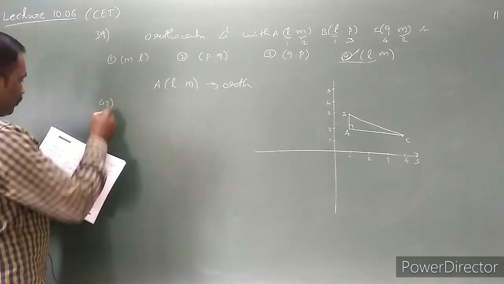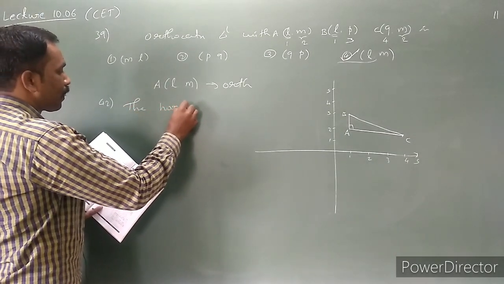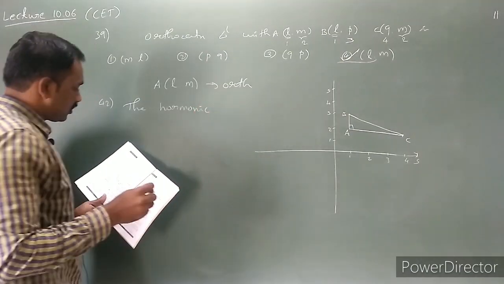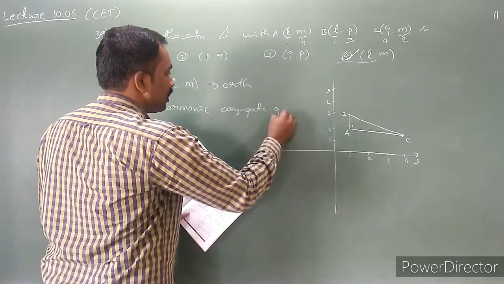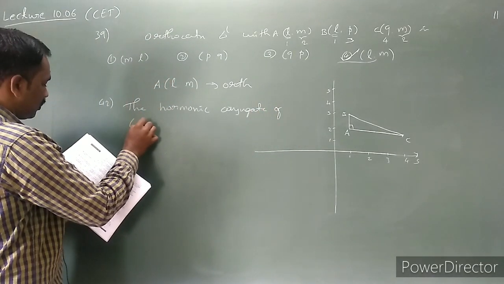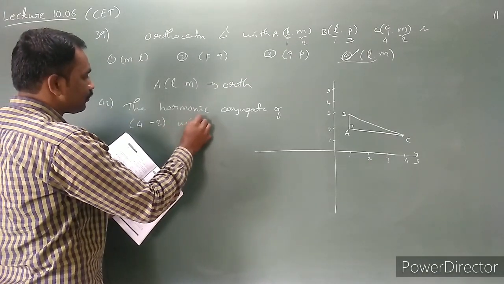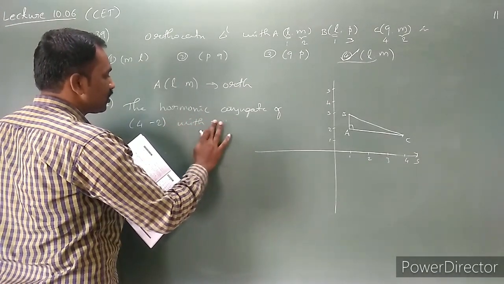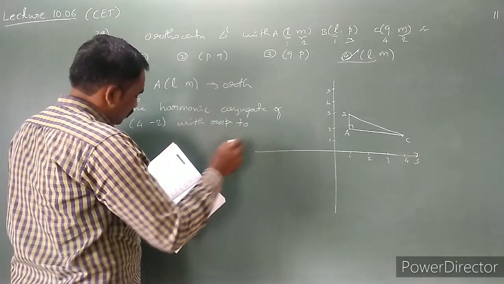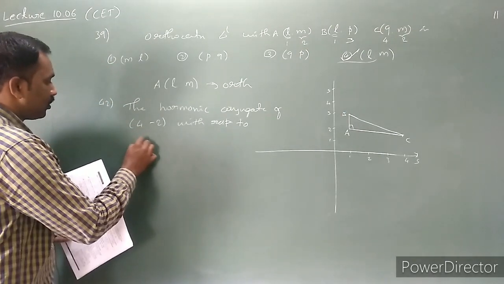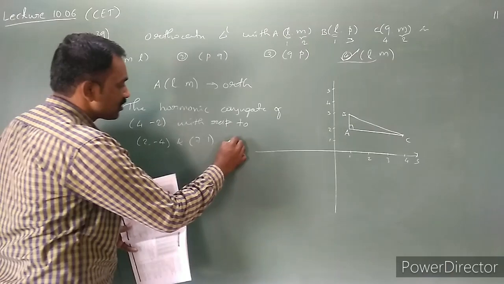47. The harmonic conjugate of 4 comma minus 2 with respect to 2 comma minus 4 and 7 comma 1 is.